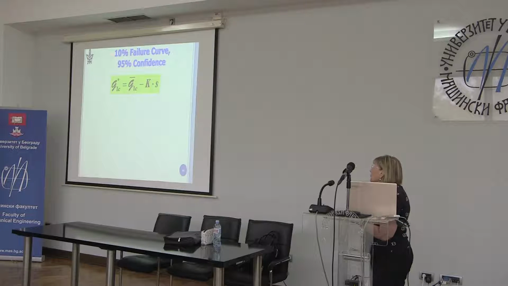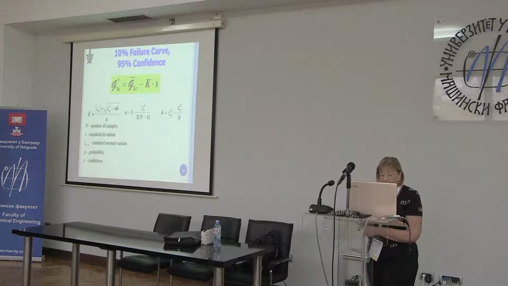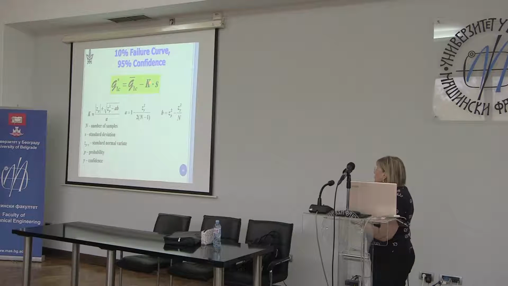So we want to obtain a failure curve for which unexpected failure, where we would be in the safe zone, is only 10% with a confidence of 95%. We use the G1C average value, and we deduct from it K times S. S is the standard deviation, and K is a factor of tolerance, one-sided tolerance.